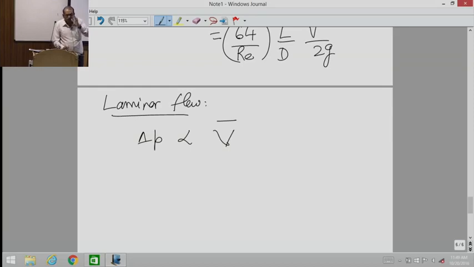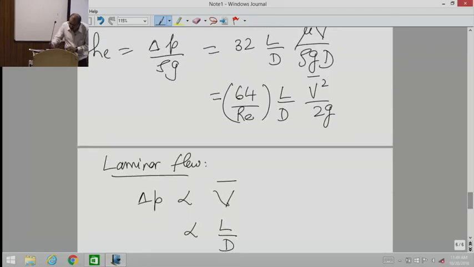It is proportional to the average velocity, and then also it is proportional to L by D. Now, when I write it in this form, these two seem contradictory, because there is a V bar here and this says V bar square. But then the contradiction is taken care of by the Reynolds number, because that has a V bar here.